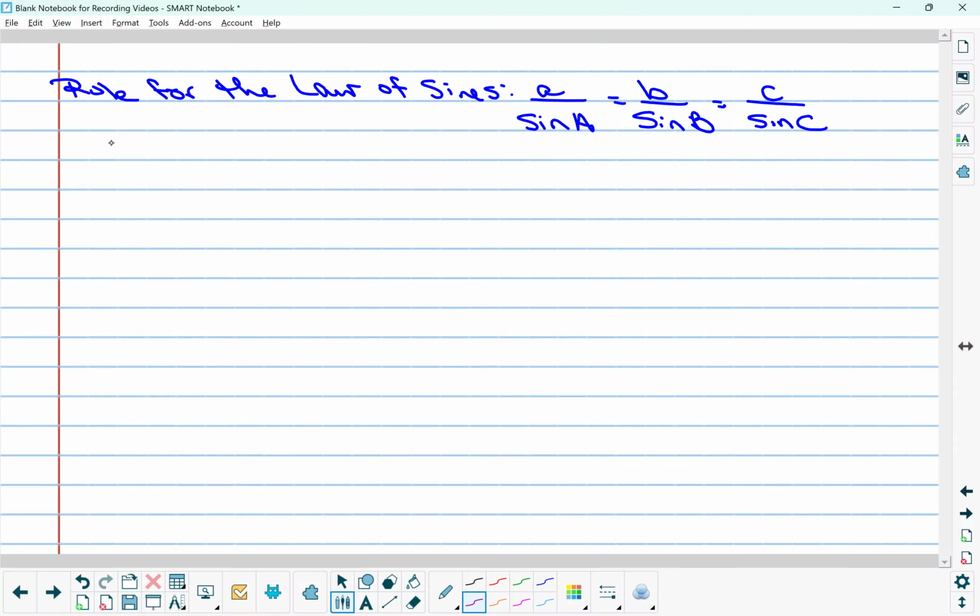So the other way you want to think about this is a over the sine of alpha is equal to b over the sine of beta is equal to c over the sine of gamma. Okay? And so these are equivalent statements to each other. Just one is using English letters, one is using Greek letters.